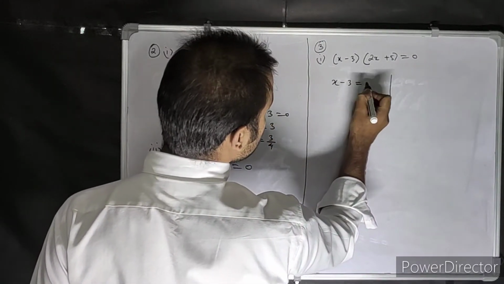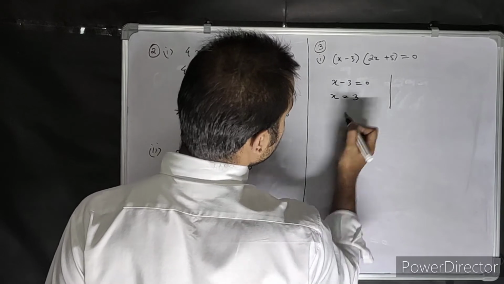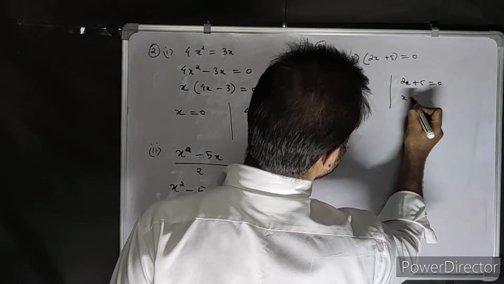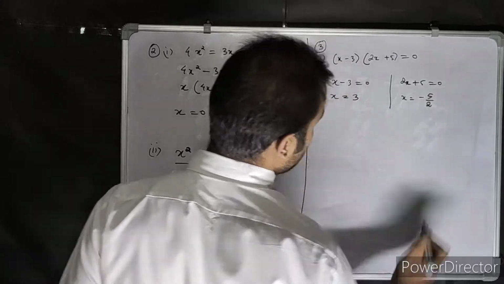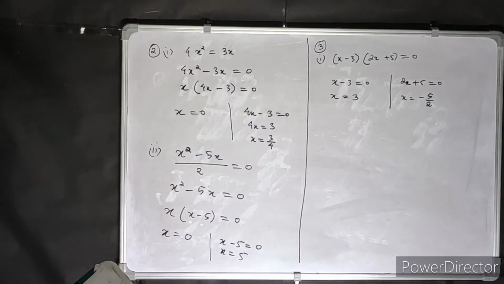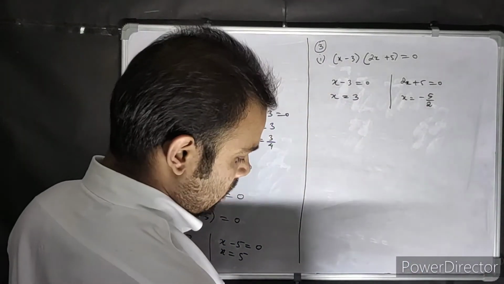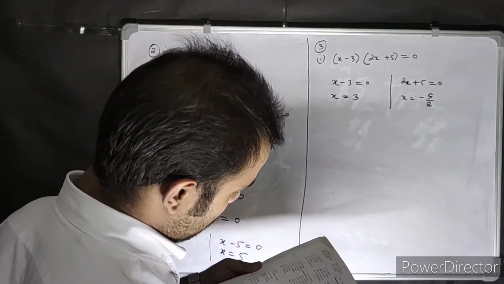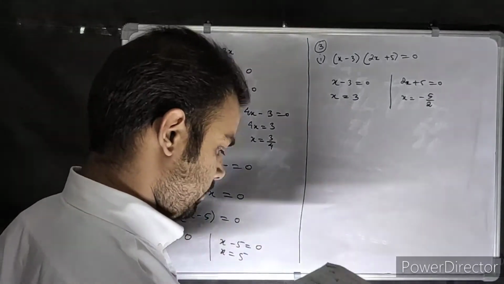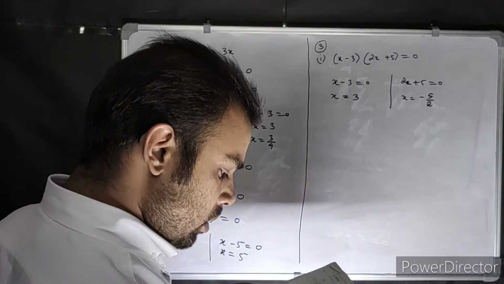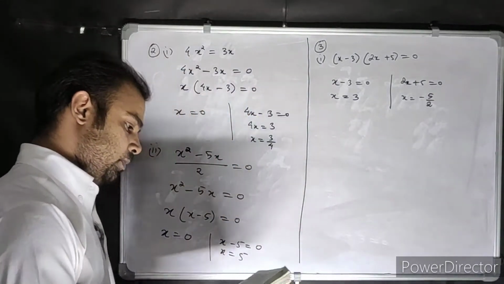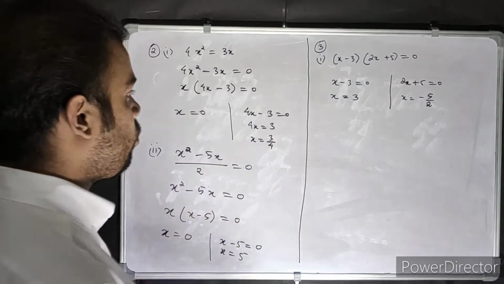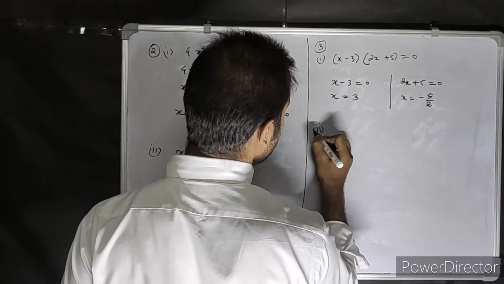So x minus 3 equal to 0, then x is equal to 3, and 2x plus 5 is equal to 0, then x is equal to minus 5 by 2. Like I told you, you have to understand how I get these quickly. So that would give me 3 and minus 5 by 2. All correct.